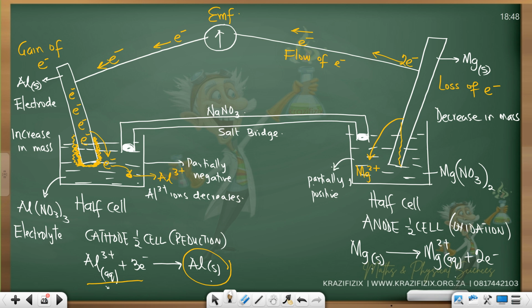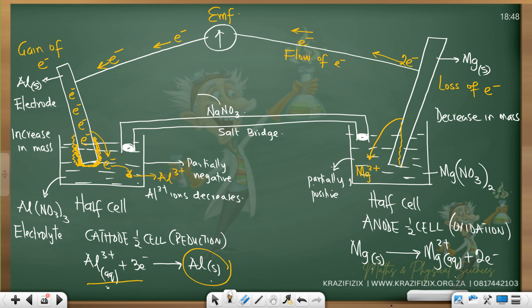We are gaining electrons and we are losing ions. This is where your salt bridge kicks in, to maintain a balance. I don't want one part to be more positive than the other. It maintains neutrality.